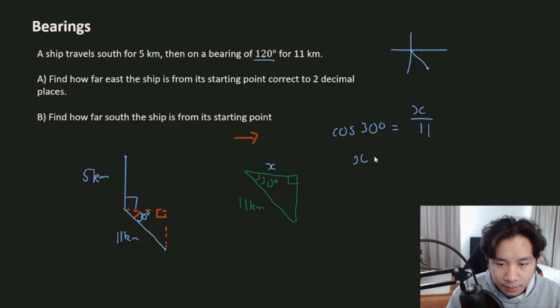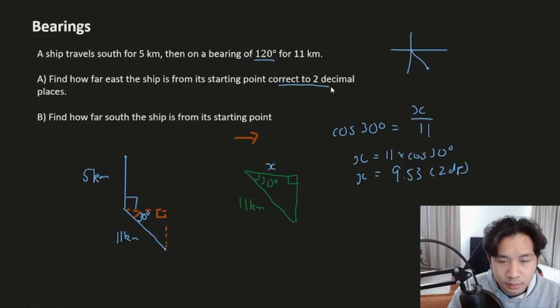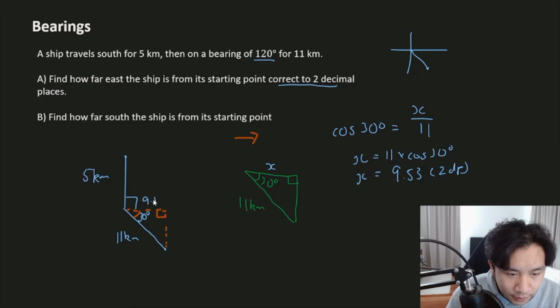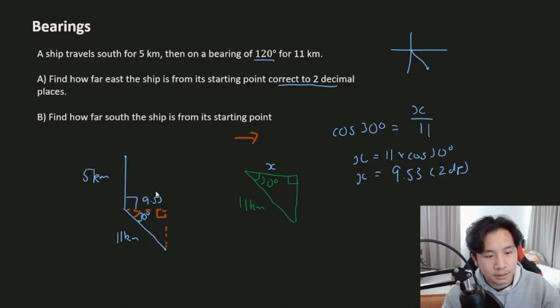And so X is going to be equal to 11 times cos 30 degrees. When you type this in the calculator, you should get 9.53 to 2 decimal places, because it asks for 2 decimal places.